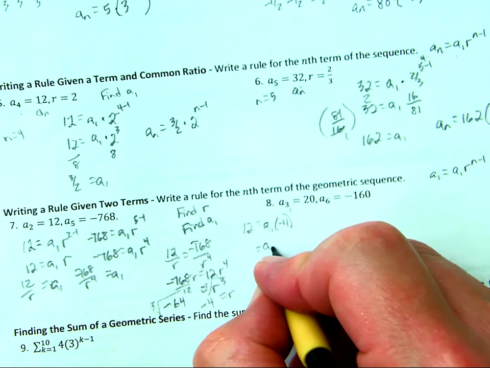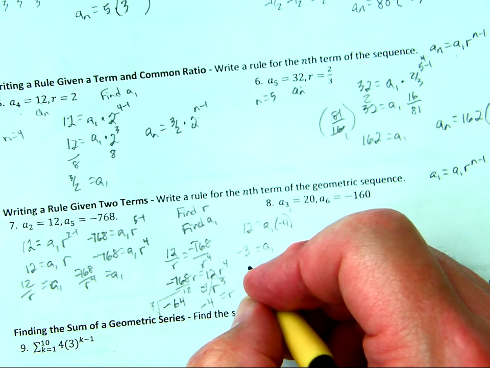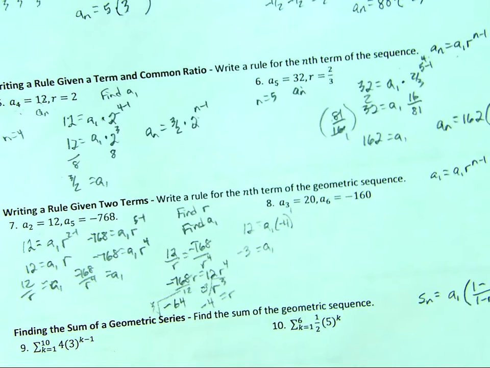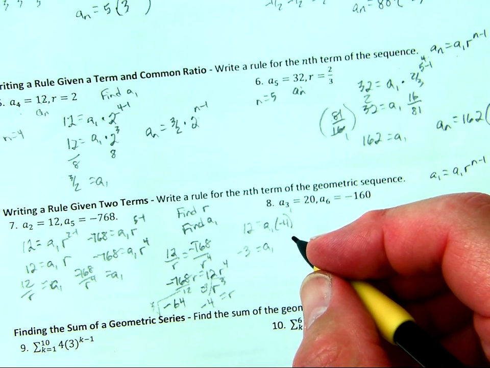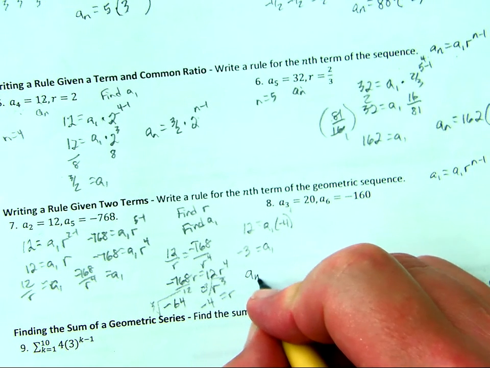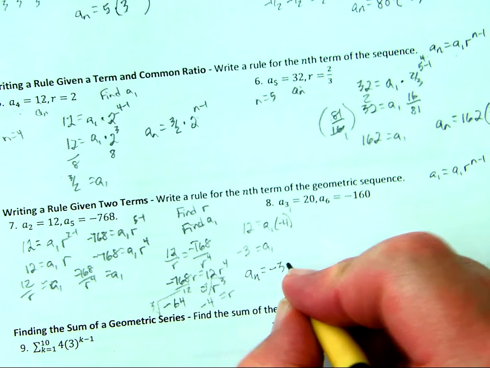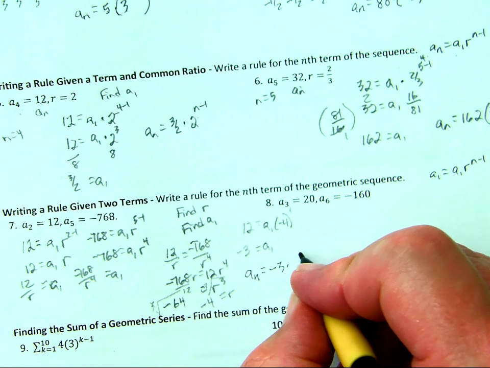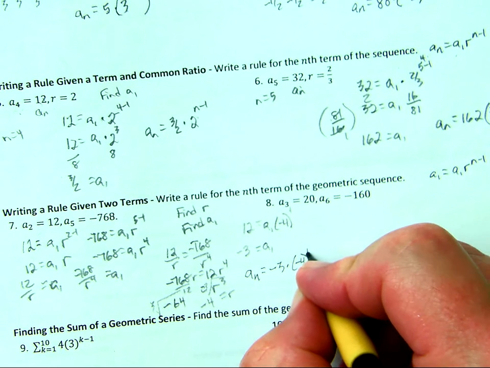So a sub 1 equals negative 3. So now we have everything we need. A sub n equals a sub 1, which is negative 3, times r, which was negative 4, to the n minus 1.